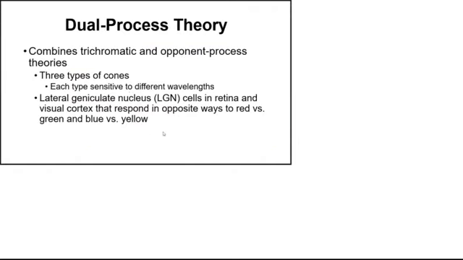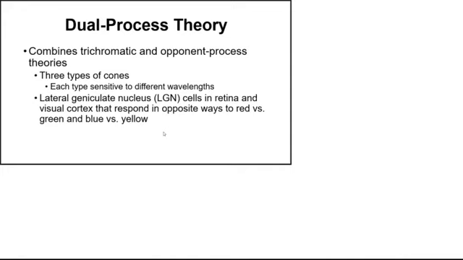And so we do know now that these cells that do that opponent process are called the lateral geniculate nucleus cells, or LGN cells. And they can be in the retina and or the visual cortex, and they're basically a way of translating that information from those 3 kinds of cones into that blue or yellow, red or green, black or white, in a way that our brain can read it.